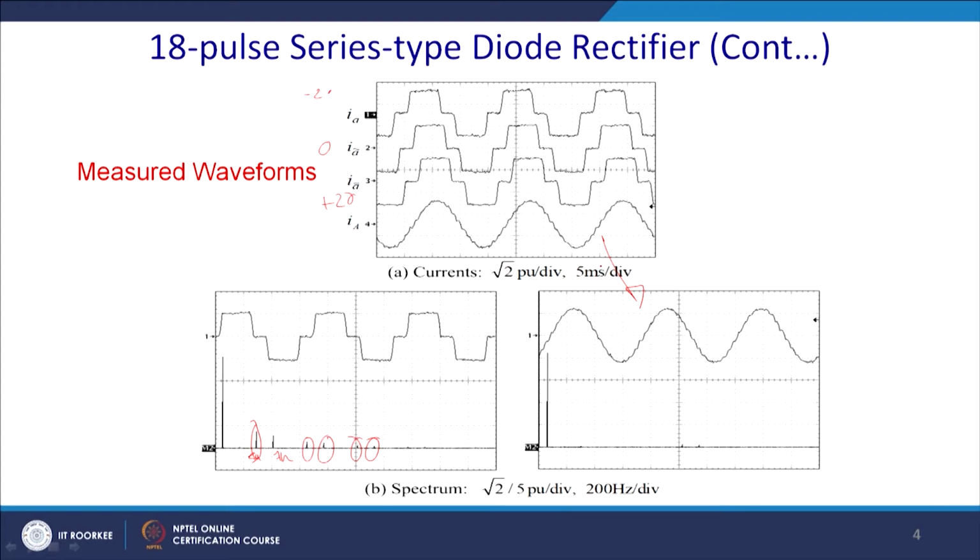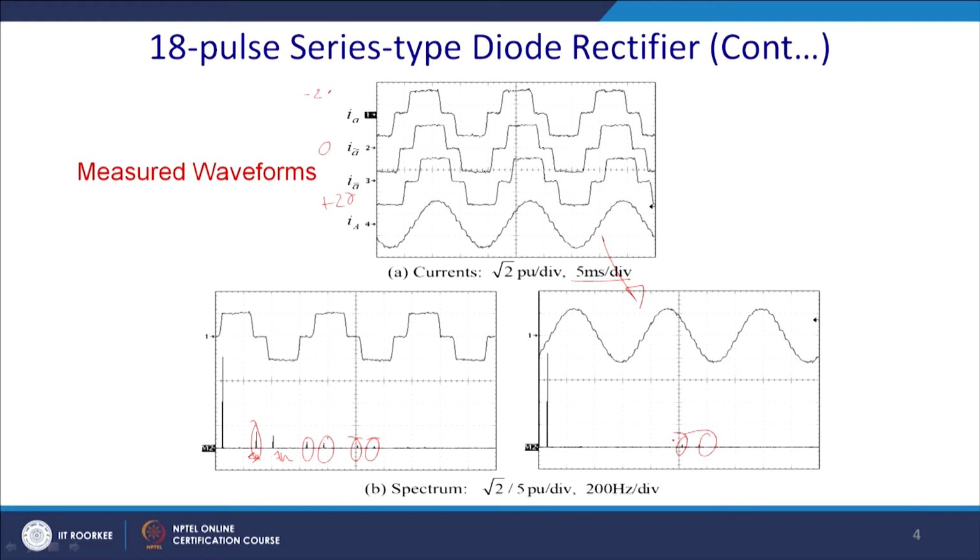And as you can see, it is 5 millisecond per division in your oscilloscope or power scope. So, you can see that here only the first harmonic is present, thereafter this one is 17 and this one is 19. All others are absent and you can get the desired power quality.